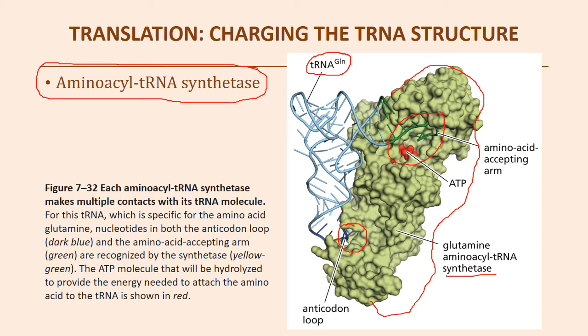And it will be attaching the amino acid that is properly matched to the anticodon to the 3' end of the tRNA. And this reaction of linking the amino acid on the 3' end will create a very high energy bond, and it will allow the tRNA to then be called a charged tRNA.